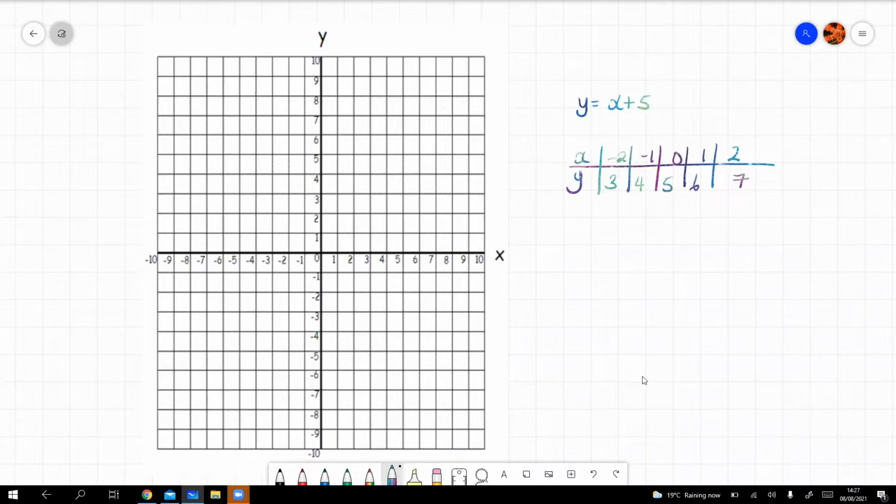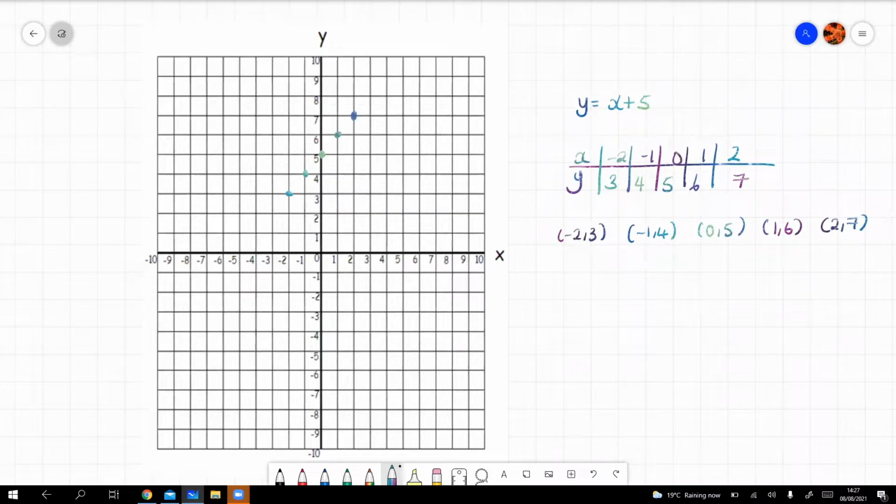Again, it might be useful for you to write down the coordinates. So x first: minus 2, 3, minus 1, 4, 0, 5, 1, 6, and 2, 7. So I've got minus 2, 3, minus 1, 4, 0, 5, then 1, 6, and 2, 7.